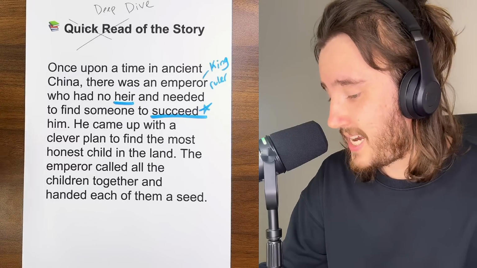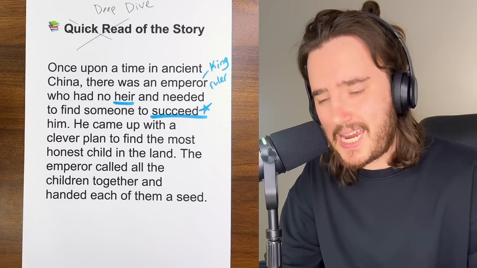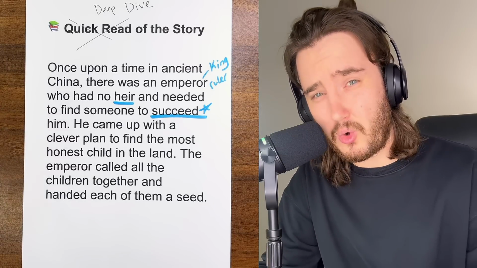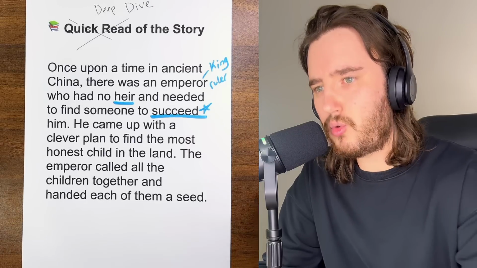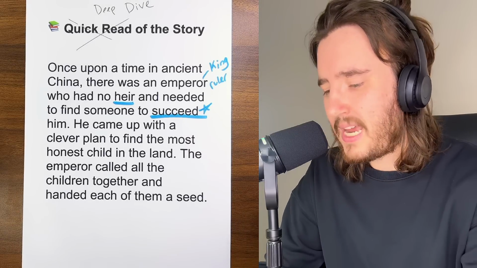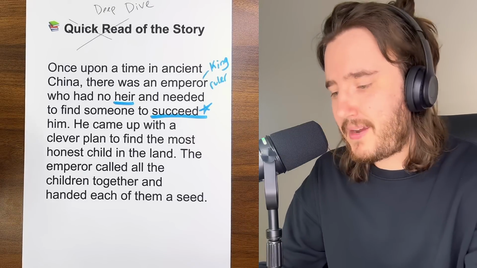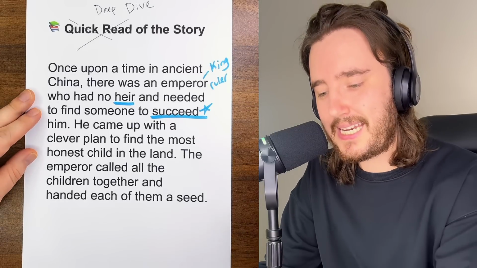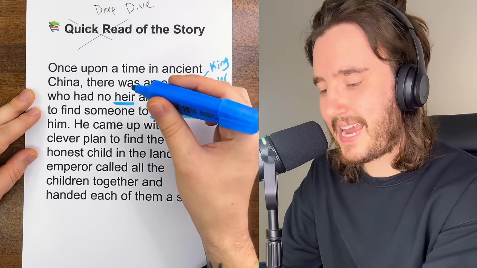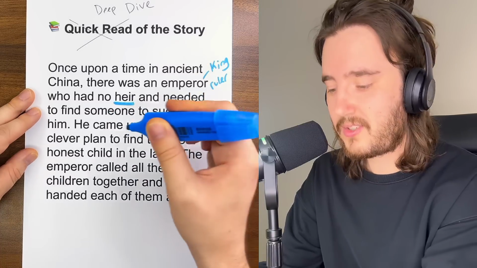In this story, maybe he is getting old. Maybe he is nearing the end of his rule, the end of his life. And it's important that he finds someone to take over after he's gone. He needs a successor. He needs an heir, someone to succeed him.